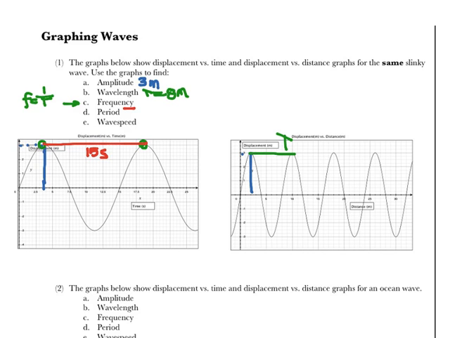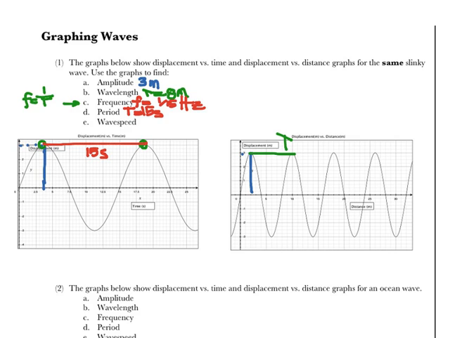So our period is 15 seconds. That means our frequency, f, is equal to 1 over 15 seconds, which is 1 over 15 hertz.